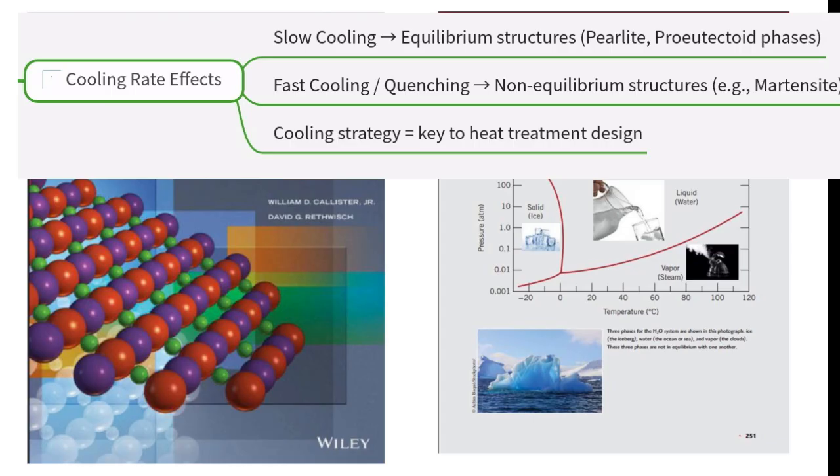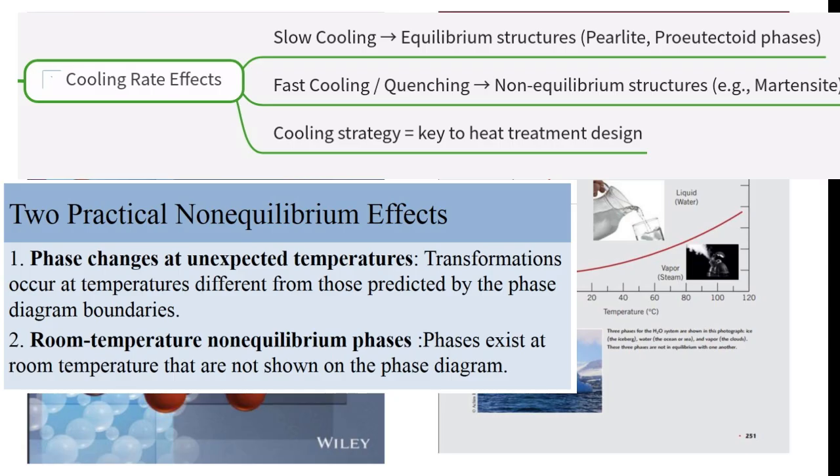Well, faster cooling doesn't give the atoms, especially carbon, enough time to diffuse and form those equilibrium structures like pearlite. This can cause the transformations, like the austenite decomposition, to occur at lower temperatures than 727 °C, or it can even lead to the formation of entirely different non-equilibrium phases, like martensite, which isn't even shown on this equilibrium diagram.